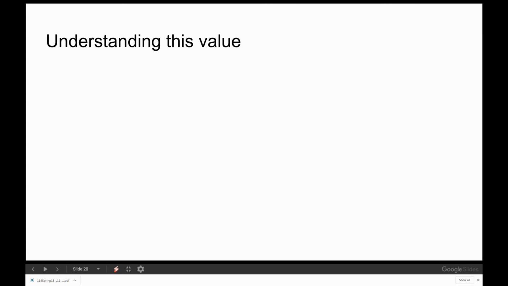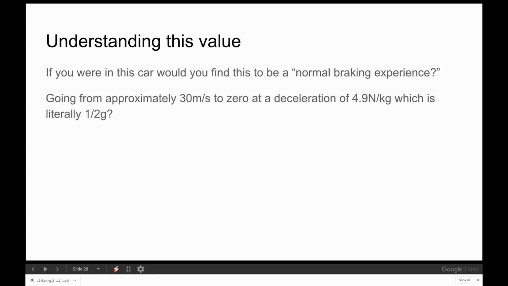Now let's try to understand this value. If you were in this car, would you find it to be a normal braking experience or something a little bit odd? Going from approximately 30 meters a second to 0 at a deceleration of 4.9 newtons per kilogram, same as meters per second squared, this is literally 1/2 g.